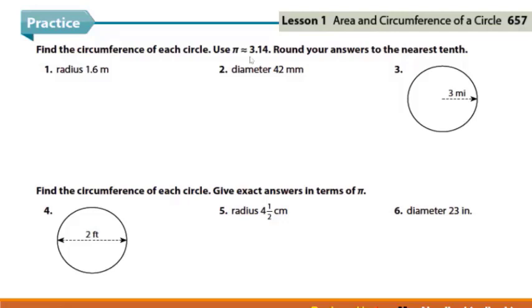So 2 times 3.14 times 1.6. This is your answer. Diameter, so I have to exchange my formula with πd. So the circumference is πd. So π is 3.14, times 42. Remember, we always here in this lesson round to the nearest tenth.